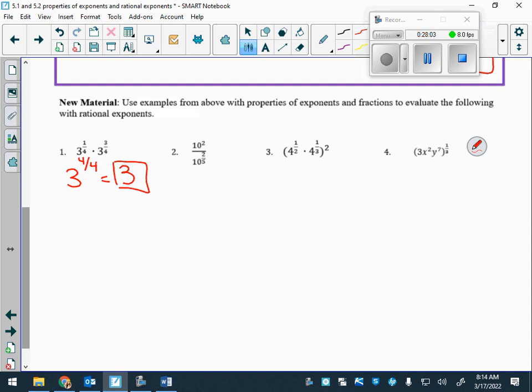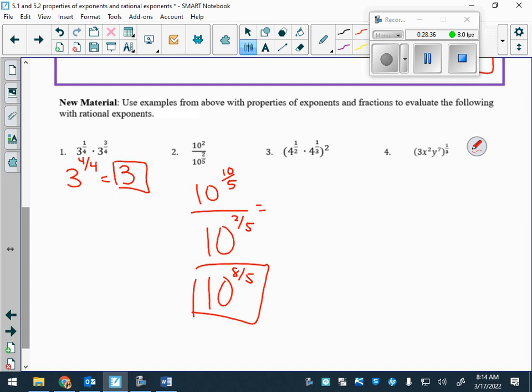But what do we need before we're able to subtract? Common denominator, which would be what? 5. So, we're keeping this guy the same. How can I rewrite 2 with a denominator of 5? Tyler? 10/5. Good. Now I'm able to subtract. Yep. 10 to the 8/5.